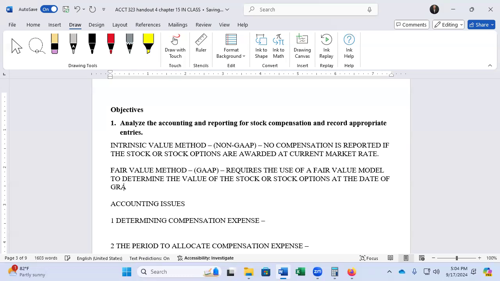Date of grant. In my experience, companies pay actuaries to make these calculations.